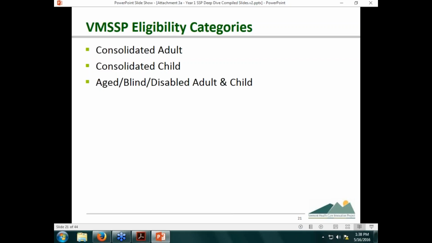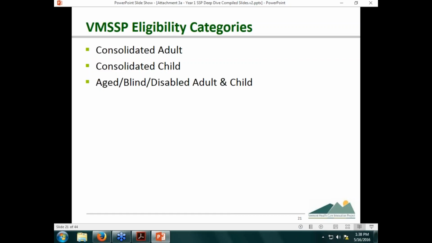So some other ways of thinking about the results for 2014 that guided our analysis were to look at some of the overall eligibility categories that we use when talking about the shared savings program. We typically break it down into a more general adult category, a general child category, and an aged, blind, or disabled adult and child category.